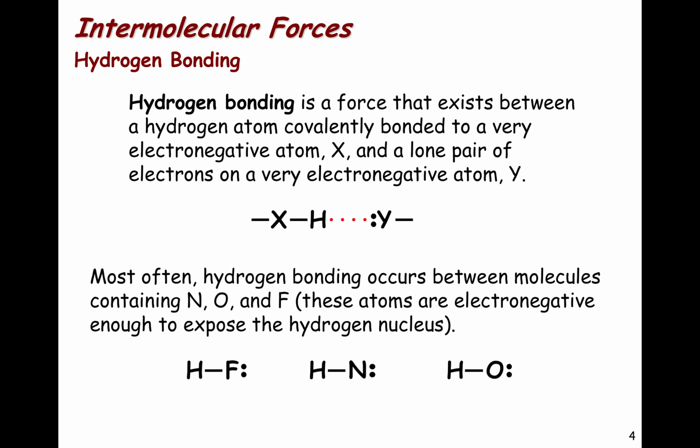And then the other requirement is that the oxygen, nitrogen, or fluorine also has to have a lone pair on that atom, so that the interaction between the hydrogen of one molecule with the lone pair of another molecule results in the formation of this hydrogen bond, as you see here.